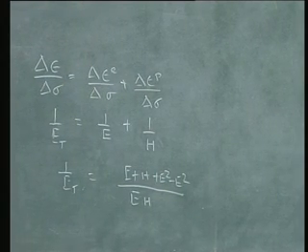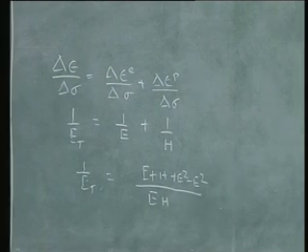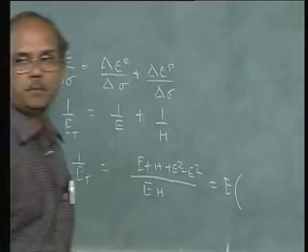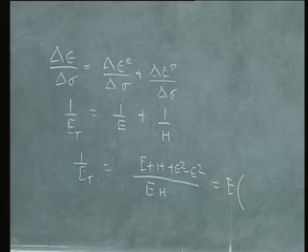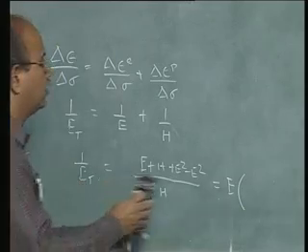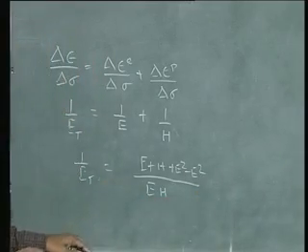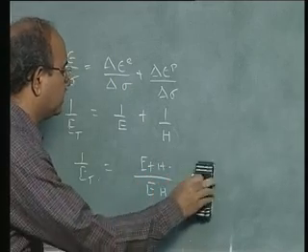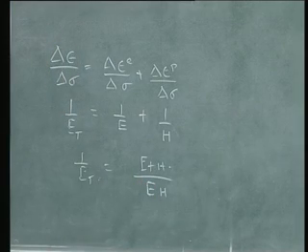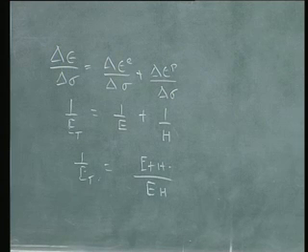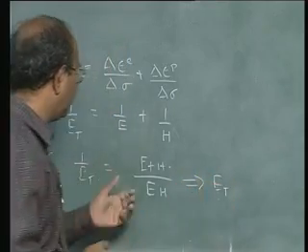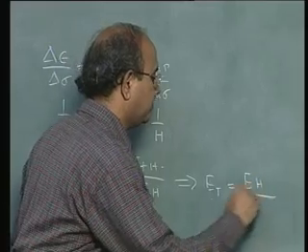So 1 by Et is equal to EH divided by E plus H. Let me write this in a slightly different fashion, so that from here we will go to Et, so that it will be easier.